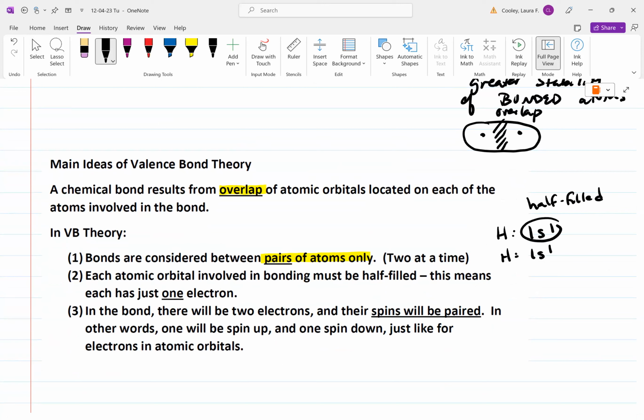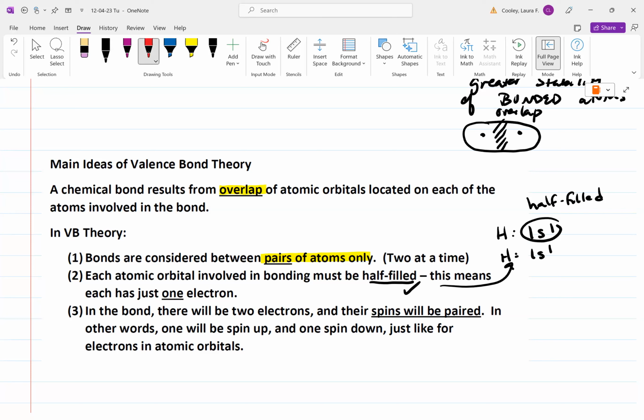Why do I say that's half filled? It's not just the shell, it's this s subshell. There's only one orbital. If that orbital was filled, it would have two electrons. So each one is half filled. That's the case here, so we check that off. Each is half filled.